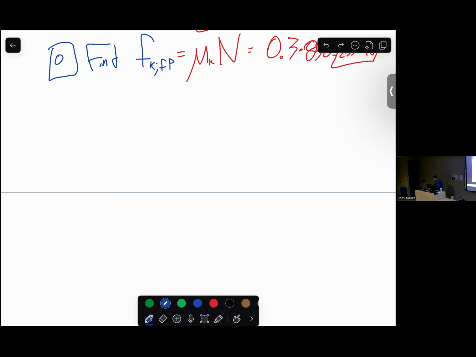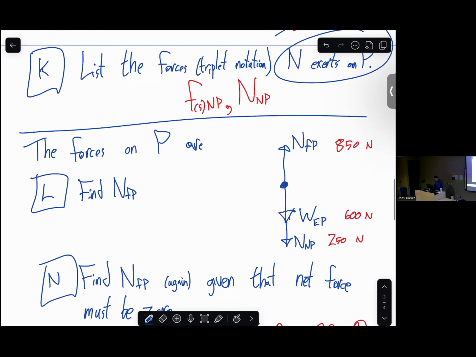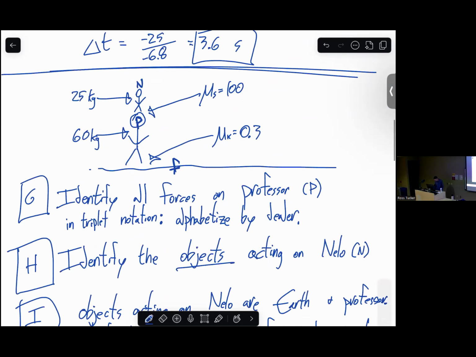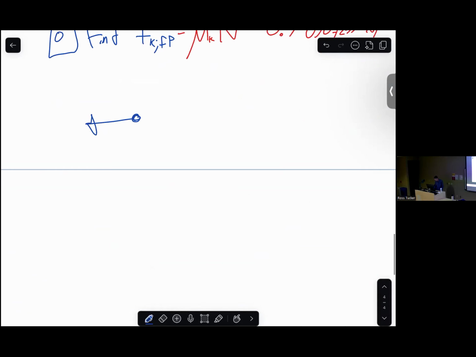Take you to the final step, just in time. Which direction did I say we're going? I didn't say which direction we were going. Whatever. If I am moving to the right and slowing down, he acts forwards on me. Friction static of floor on professor, the kinetic friction of floor on professor.